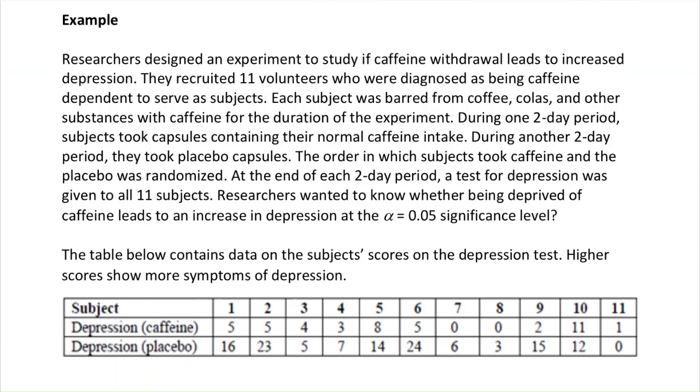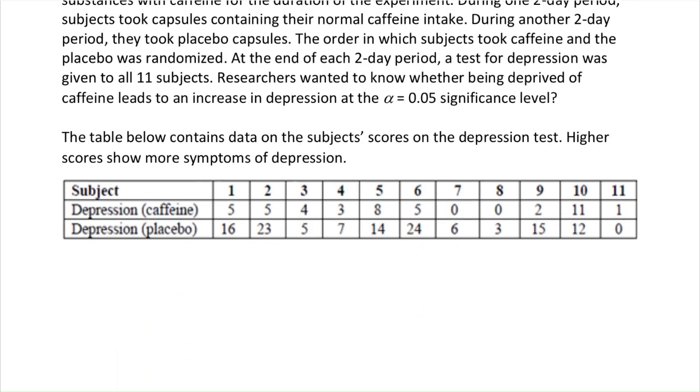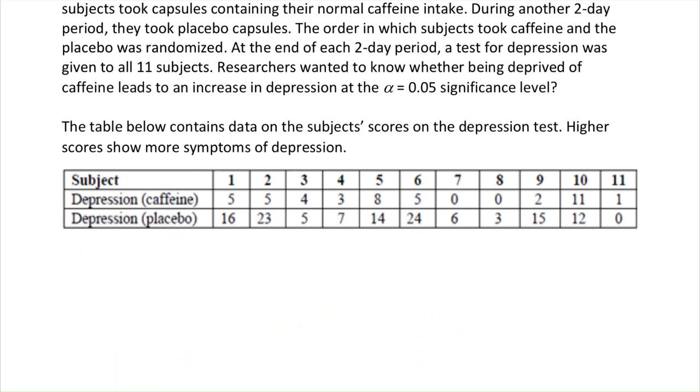All right, so we've got their data. We have how they rate their depression level with caffeine and how they rate it without caffeine. And so again, we need to start by looking at the differences between those two samples. So we'll do caffeine minus placebo here, in the order listed.